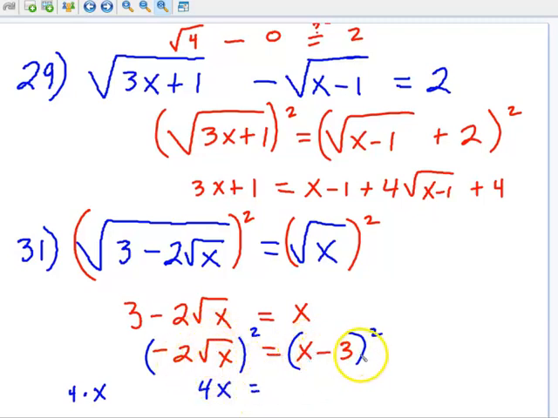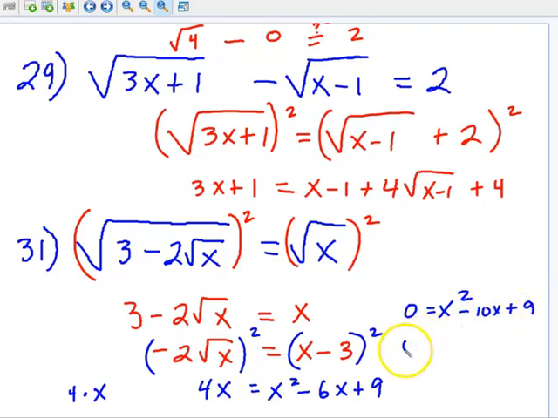And then here we are again squaring a binomial, and that's x squared minus 6x plus 9. Another quadratic equation that we will attempt to solve with factoring. So let's make it equal to 0. Subtract 4x. And sure enough, it factors. The factors of positive 9 that add up to negative 10.